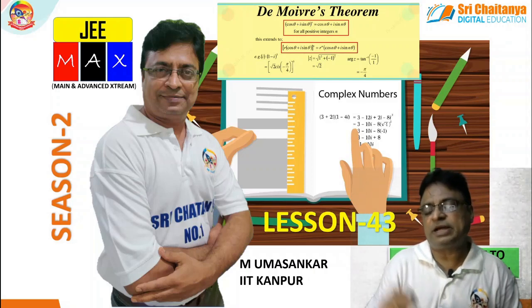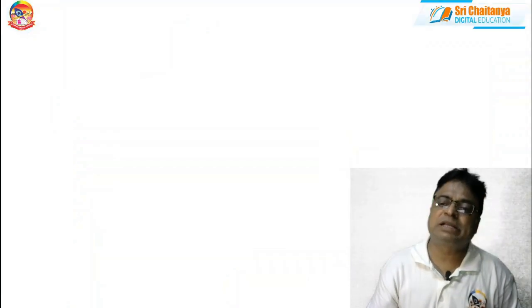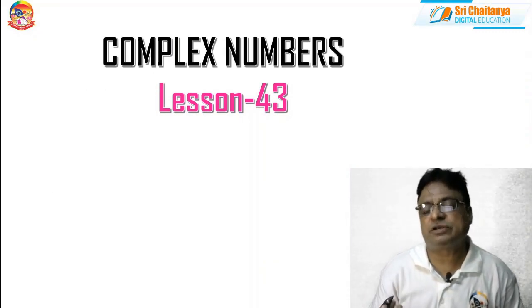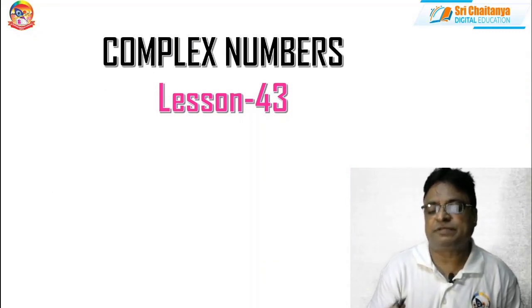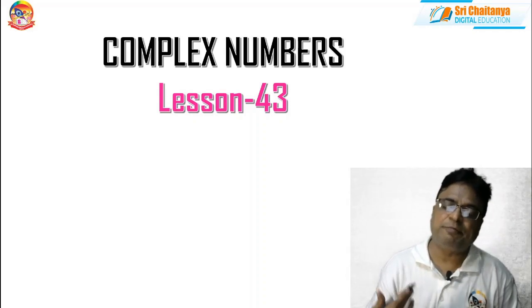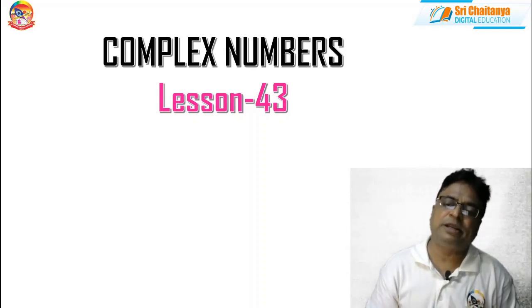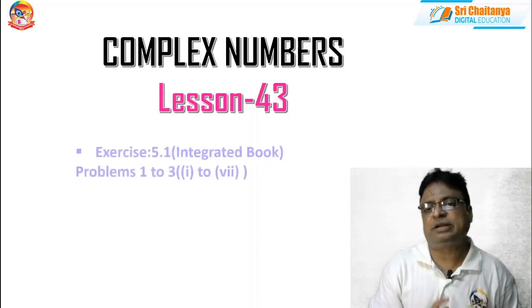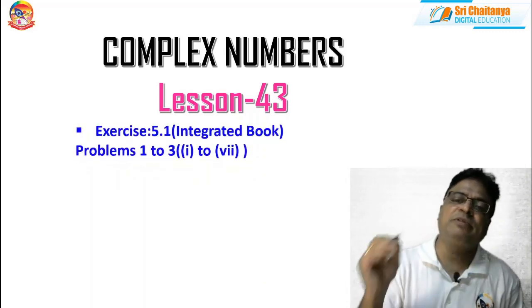And apart from that, we have practiced how to extract all the values of complex numbers if the power is in the form of p by q. Now, with the help of all that information, we are concentrating on solving the problems.